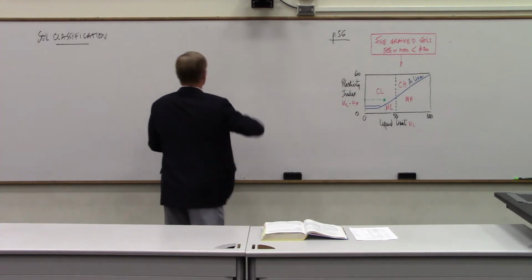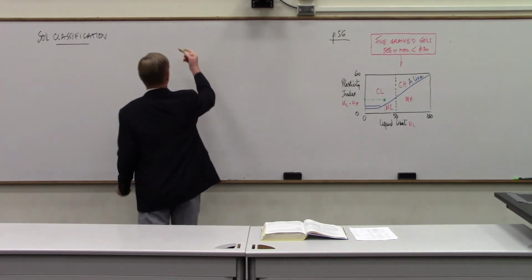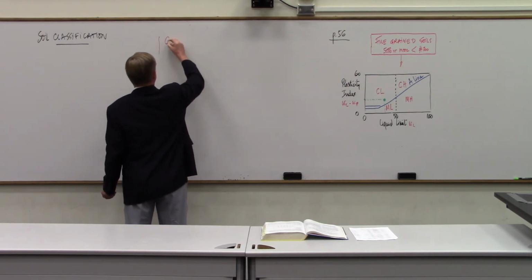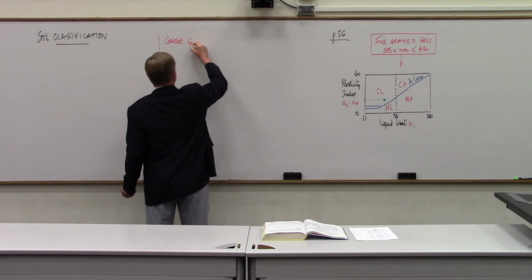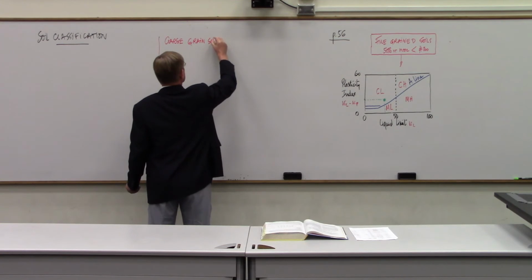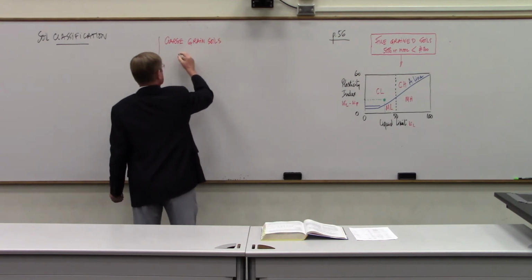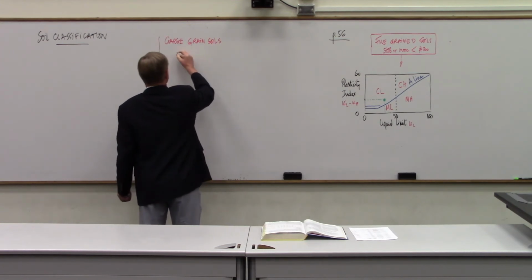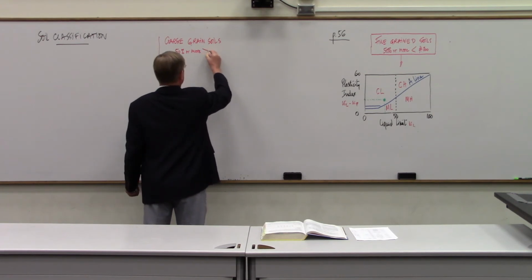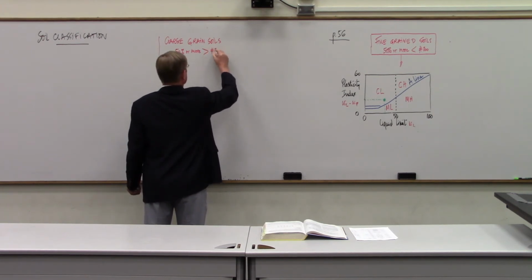So coarse-grained soils, as you can imagine, are soils where 50% or more is larger than sieve number 200.